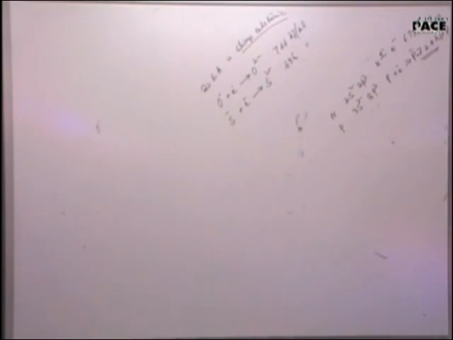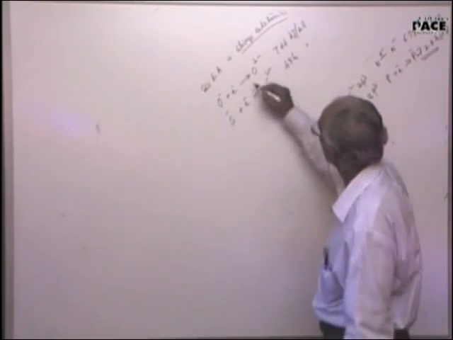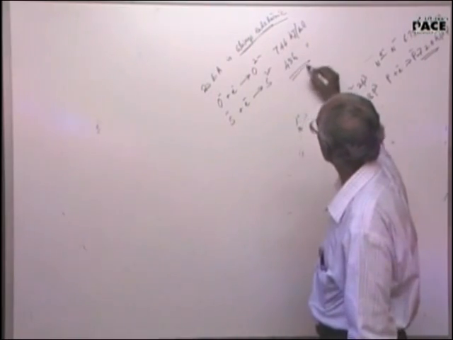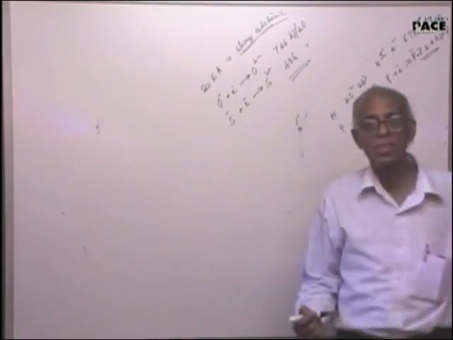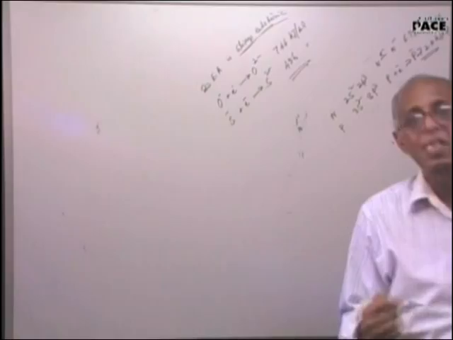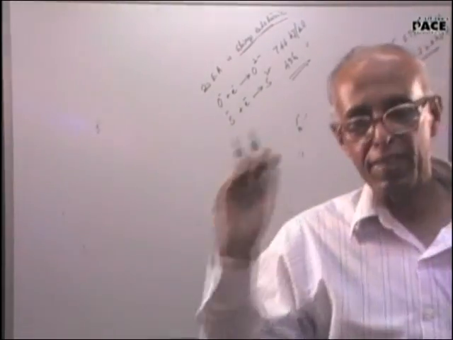Oxygen is smaller in size than sulfur. So the larger the size, you can accommodate the extra electron better. As a result, it becomes less endothermic. Both are endothermic, but the third period is less endothermic than the second period.